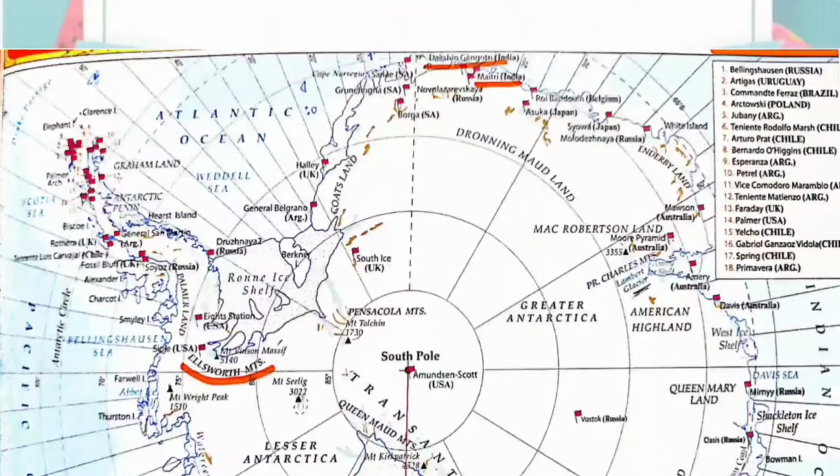Let's have a look at a few of the things. This is the Dakshin Gangotri, the research station of India, now not in use. This is Maitri of India, also a research station. These are the Ellsworth mountain range, and here we have Mount Vinson Massif, the highest mountain of Antarctica. This is the Lambert Glacier, the largest glacier of the world.